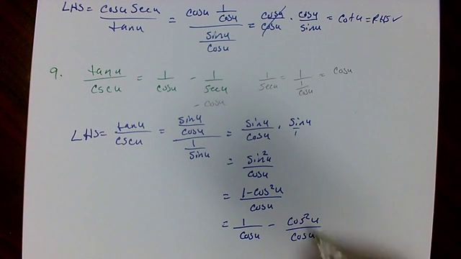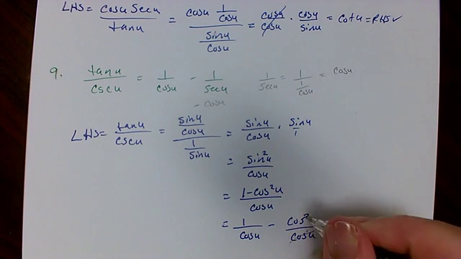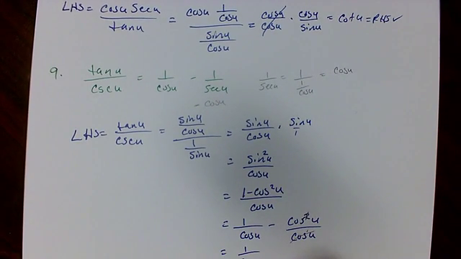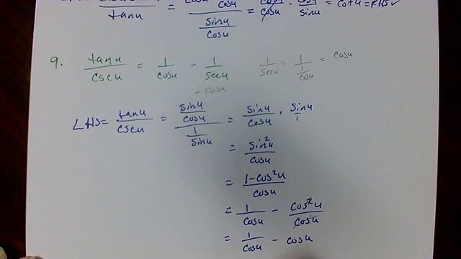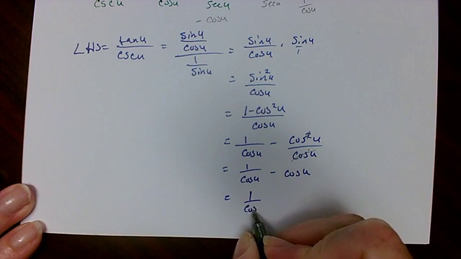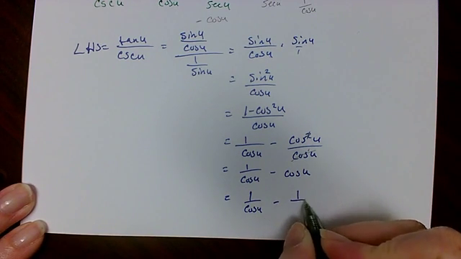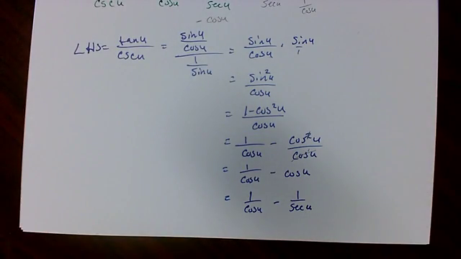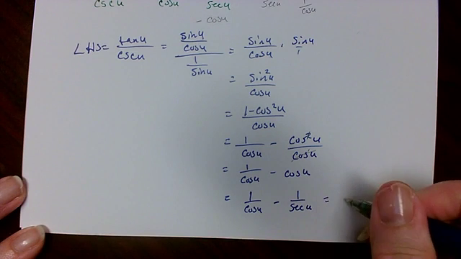Here, this is to the first power, so this will cancel out the squared part, which will get me 1 over cosine u minus cosine u, which will be equal to 1 over cosine u minus 1 over secant u, because we've already shown before that we can do that. So that will equal my right-hand side.